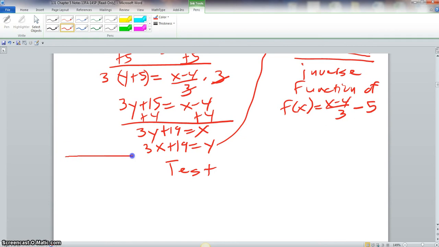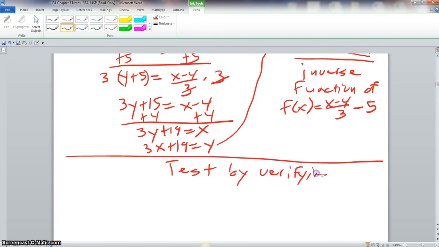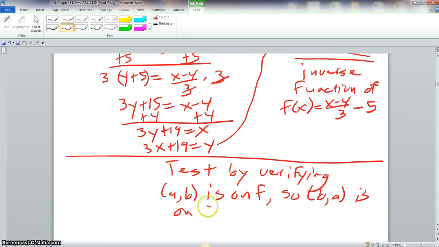Okay, now you can, and let me just write this also, you can verify this and you could test it. I'm going to draw a line here just to let you know that this is just some extra that I'm putting here. You could test by verifying that if (a, b) is on f, then (b, a) is on the inverse of f.